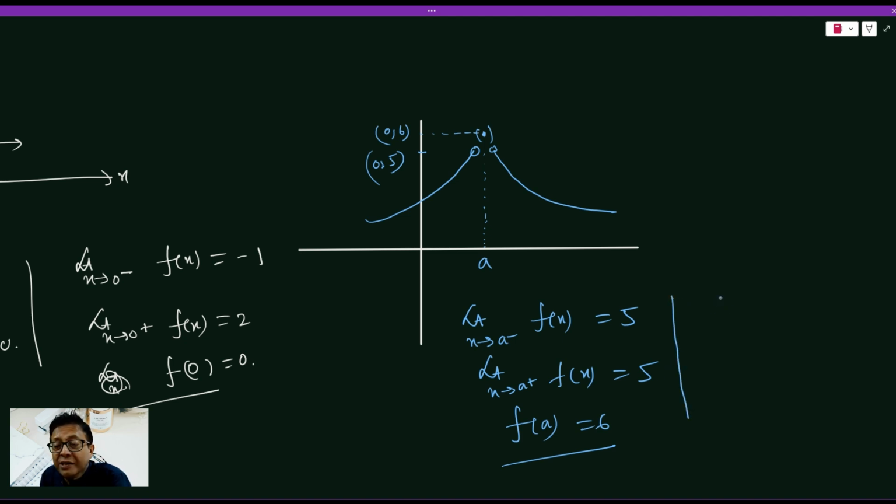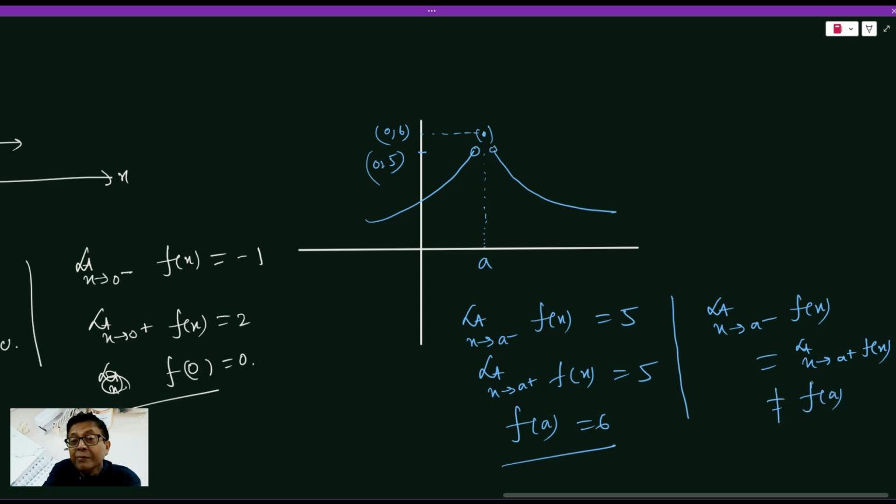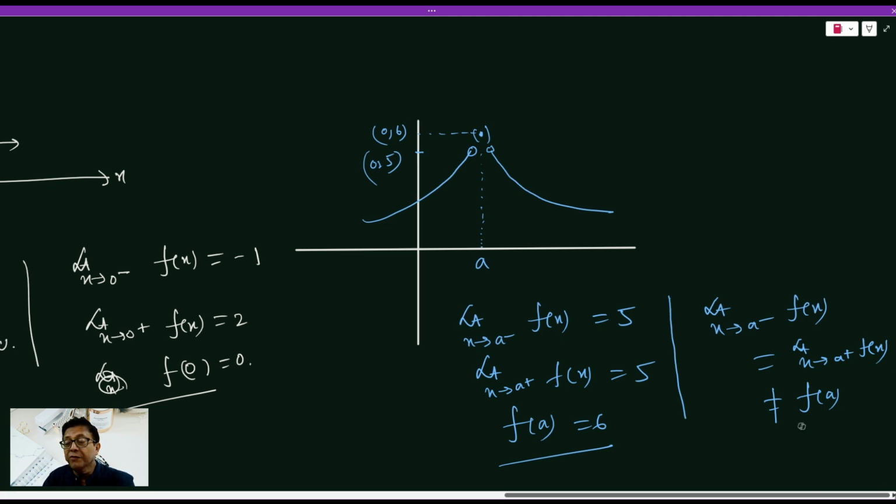You are saying that limit x tending to a minus f(x) equal to limit x tending to a plus f(x), but this is not equal to f(a). We are not able to plot the graph. We cannot make the limiting value equal to the functional value.